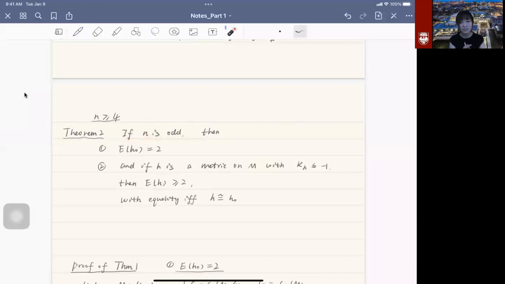That is independent of the ambient dimension. And also, if h is another metric which has sectional curvature less than or equal to -1, then it has entropy equal to 2 or larger. And we also have this rigidity result. Okay, then in the next video, I'm going to talk about the proof of Theorem 1 and Theorem 2.